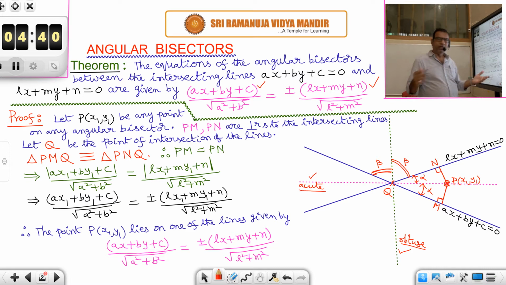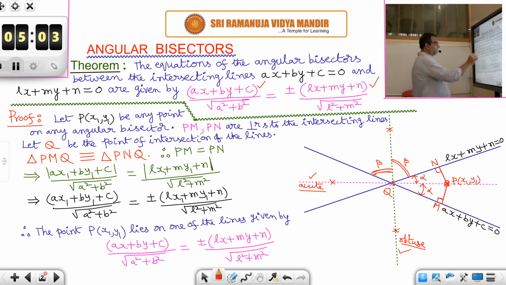So you can take that point anywhere on this angular bisector or anywhere on the other bisector also. Either on the acute angle bisector or on the obtuse angle bisector, anywhere you let P(x1, y1) be a point.